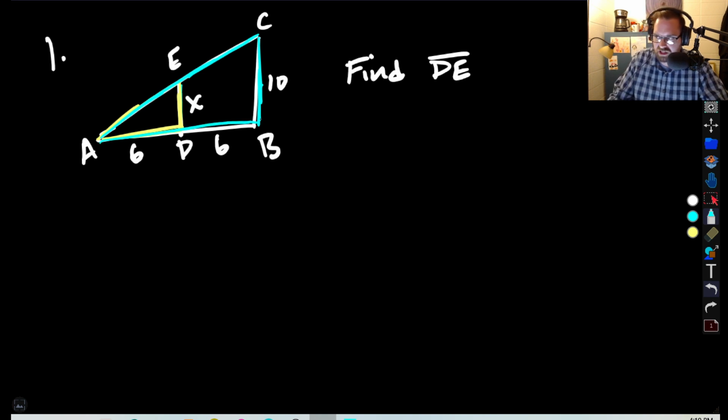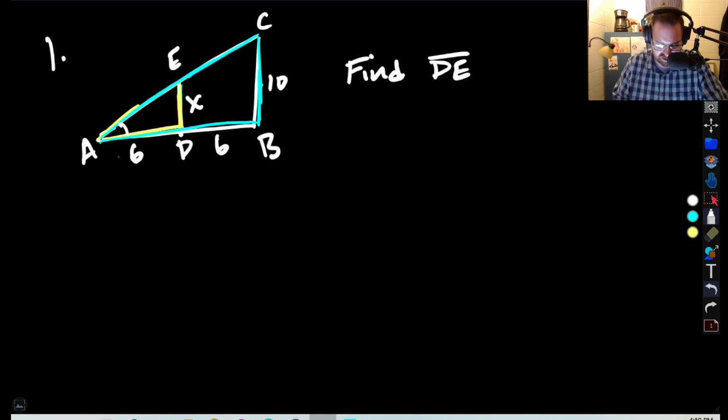So there's two triangles, and they're matching. They're using the same angle, which is this guy. Therefore, we can use similar triangles. So I'm going to take the corresponding lengths, and let's just match it up.